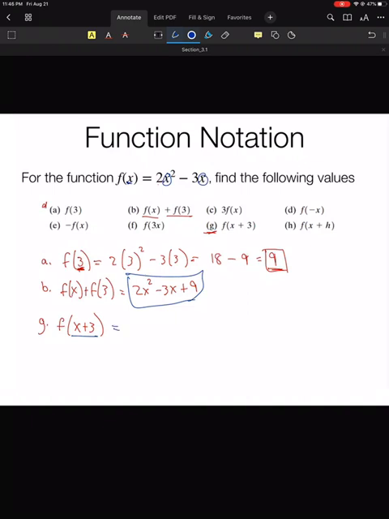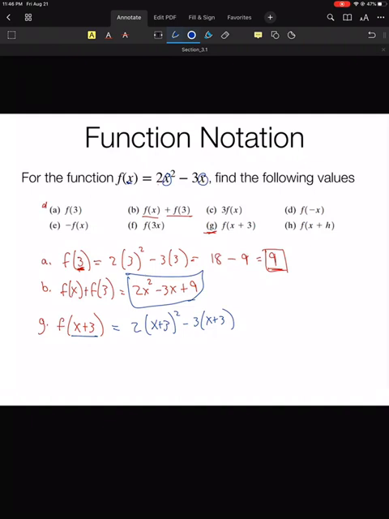So I get 2 times the quantity x plus 3 squared minus 3 times x plus 3. So you see everywhere there was an x, I replaced it with x plus 3.